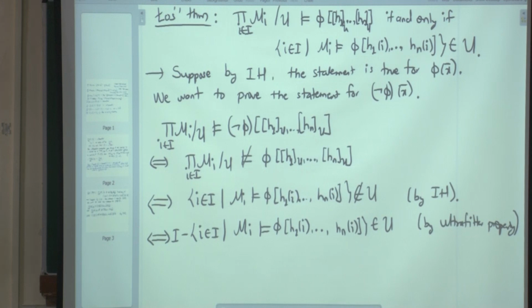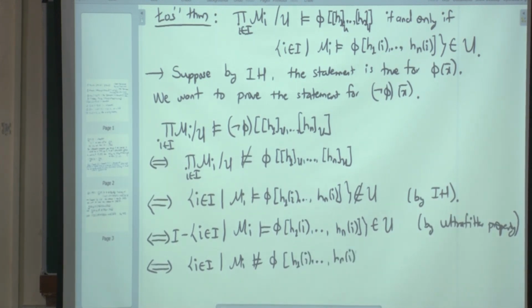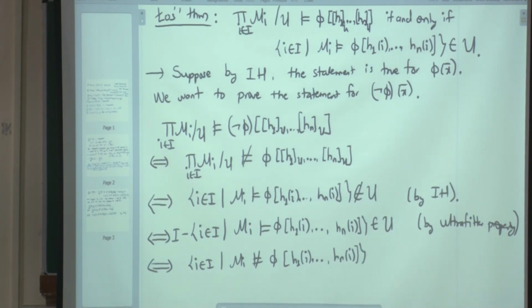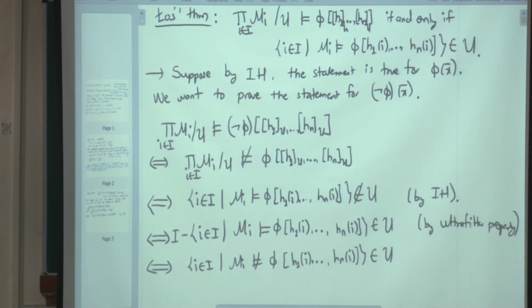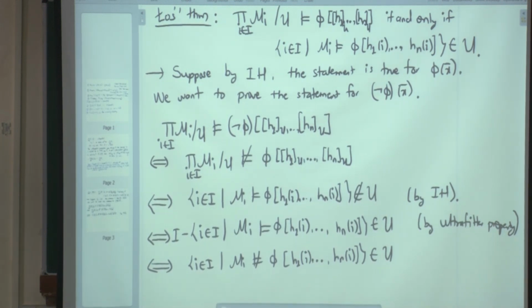Okay. Now, this is the same as the set of indices where Mi doesn't satisfy phi at H1i up to Hni belongs to U. Well, what is the meaning that Mi doesn't satisfy phi?